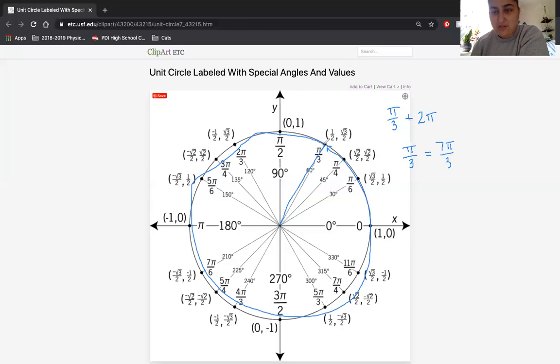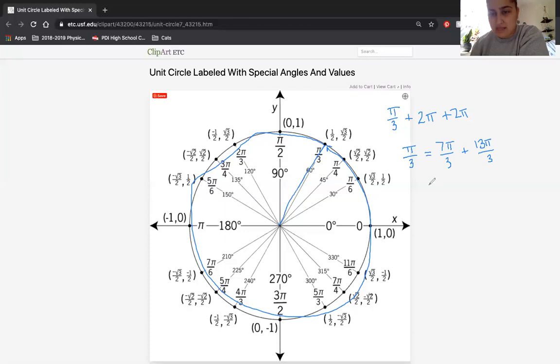So if I go around my circle again, plus another 2 pi, that's really the same as 13 pi over 3. And this can keep going forever and ever because it's a circle.